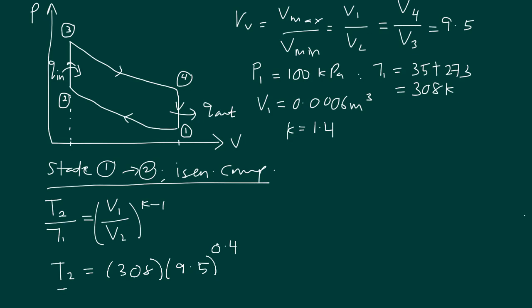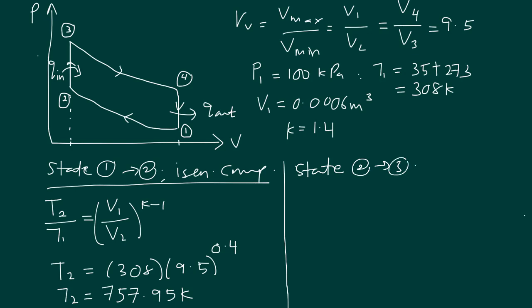And finally, your temperature at 2 is about 757.95 Kelvin. Next is to solve for your state 3. If you go state by state, state 2 to state 3 is heat addition at constant volume.